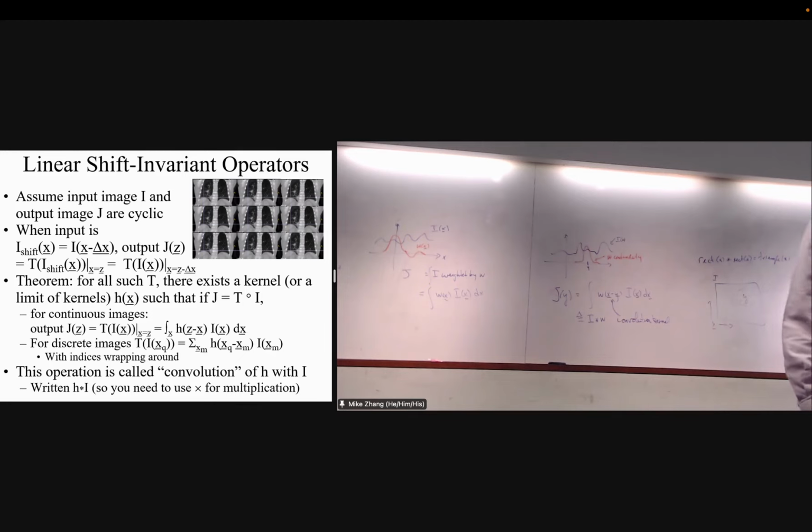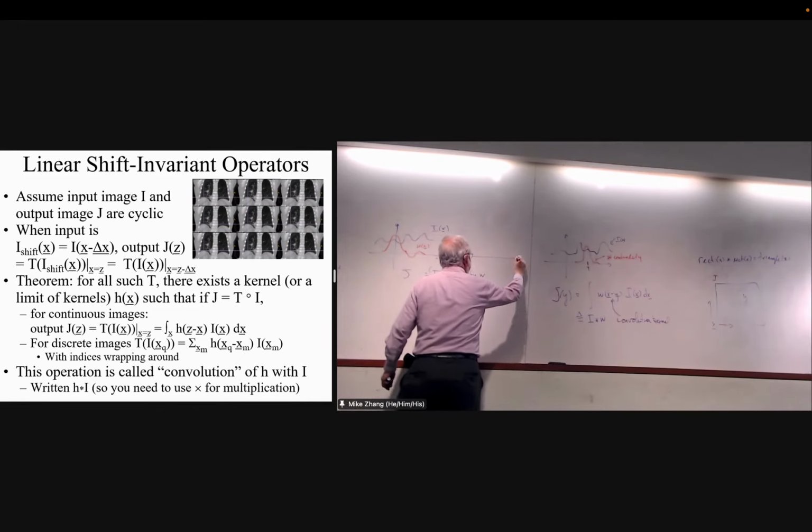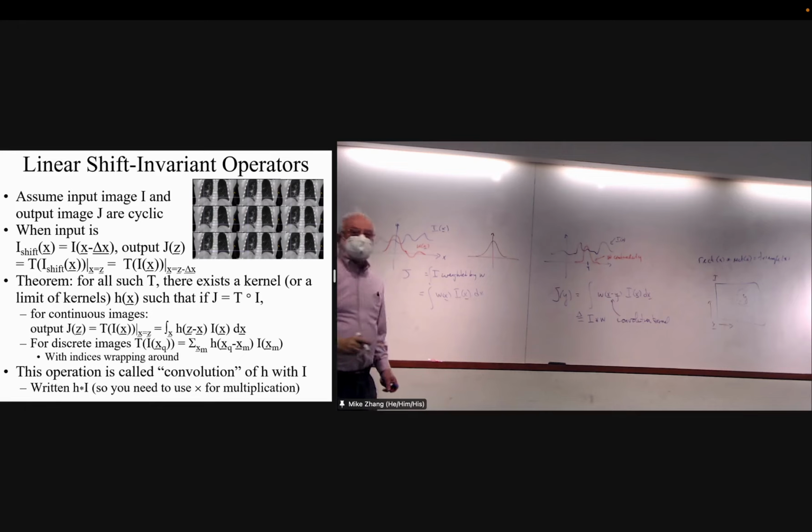So, what's an example? Well, one example is we might want to do smoothing. In case we want to do smoothing, we'll see that there's good reason that the convolution kernel should be a Gaussian.